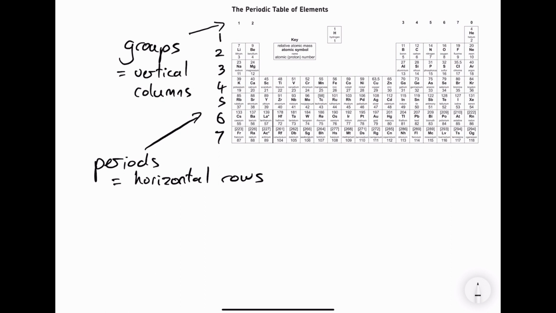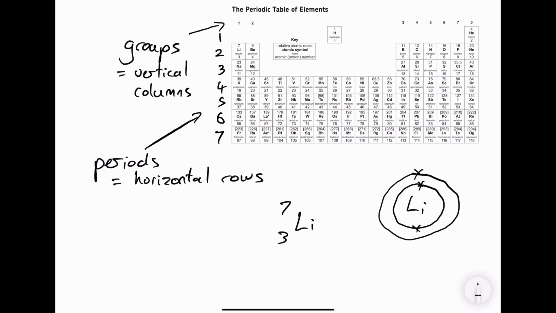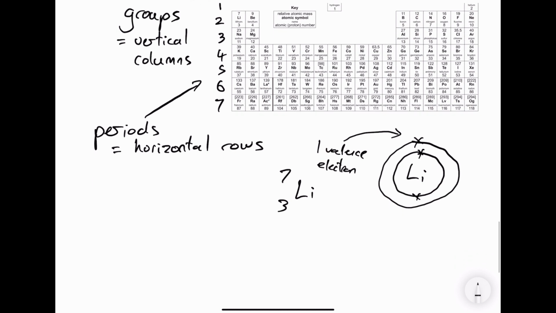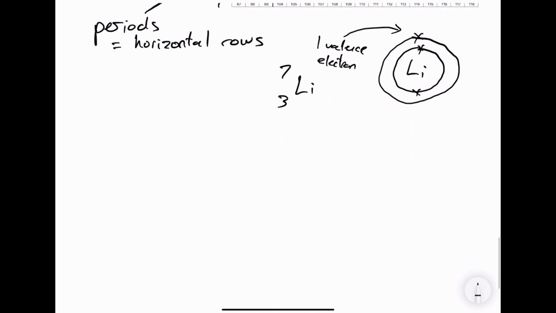So if we take group 1, for example, lithium has an electron configuration of 2 and then 1 more in the outer shell, because lithium has 3 electrons. So here we can see that there is 1 valence electron. So lithium is in group 1. The rest of group 1 also have 1 electron in their outer shell.